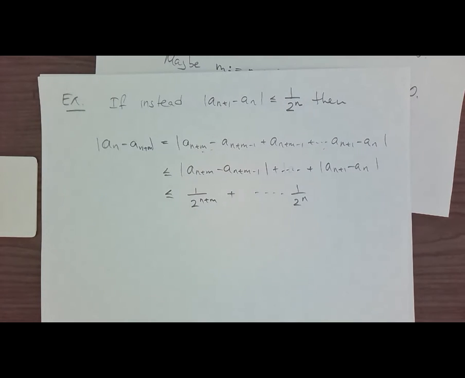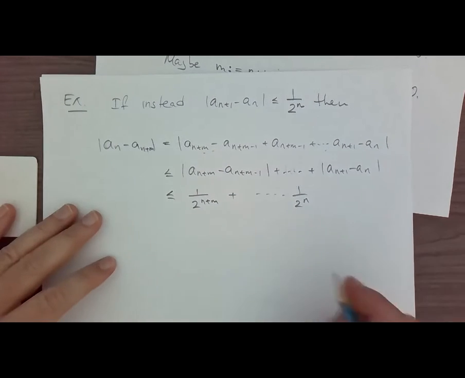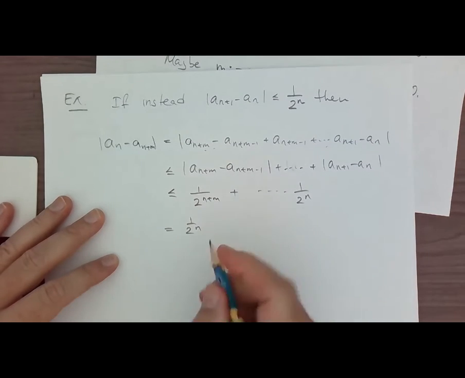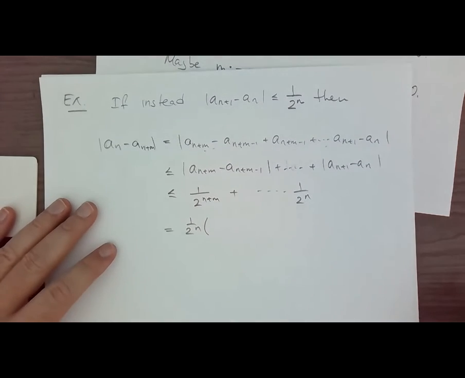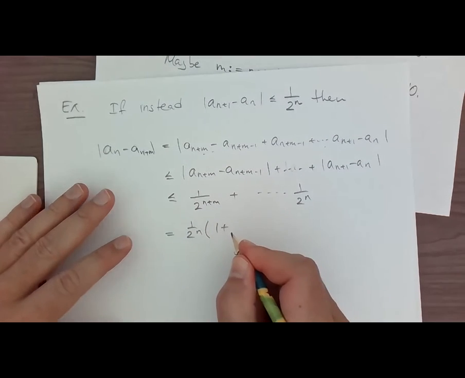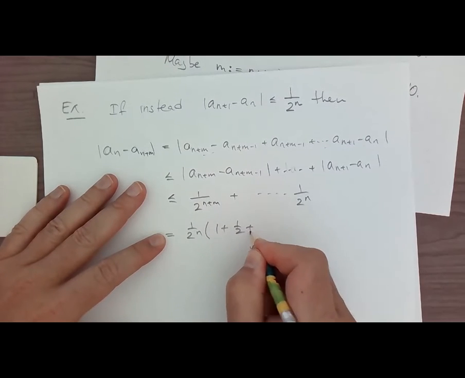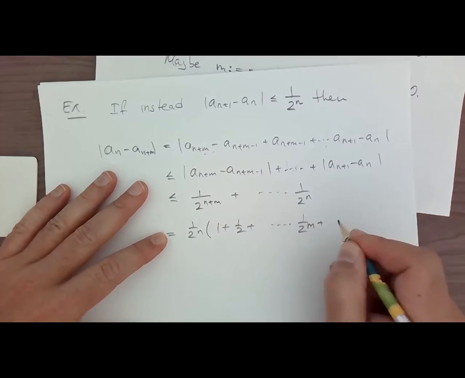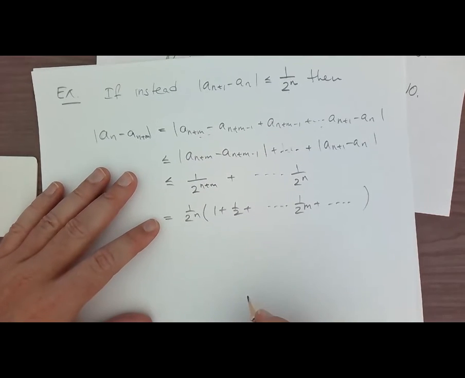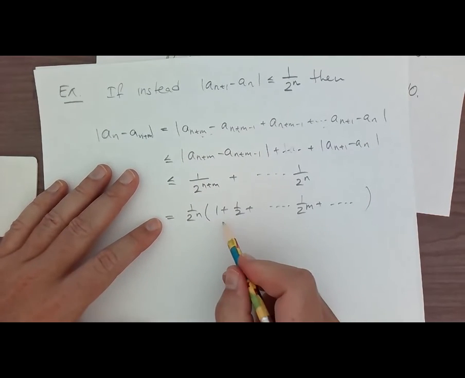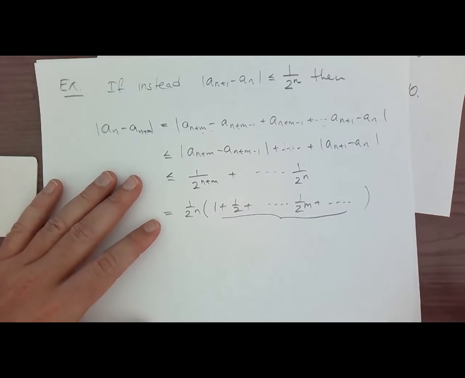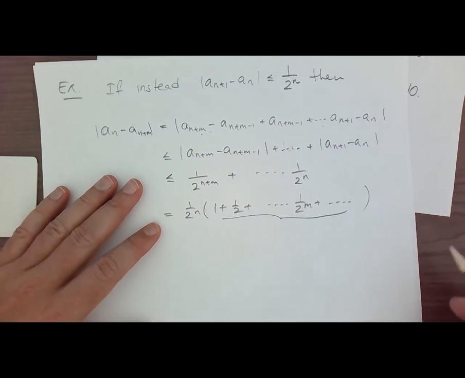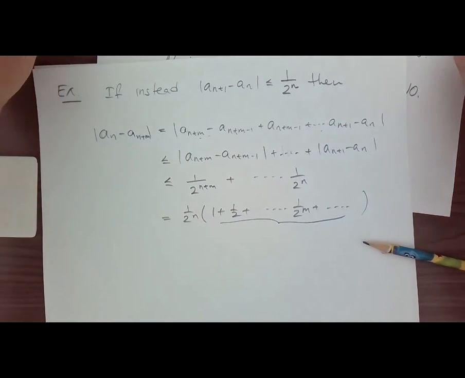So can I make this small? Well, I could factor out 1 over 2 to the n. And then what I could have inside here would be 1 plus a half plus, at some point I'm going to get 1 over 2 to the m, and I could just add more terms here. Again, this big quantity here would be summable. And let's just double check that this indeed is summable.